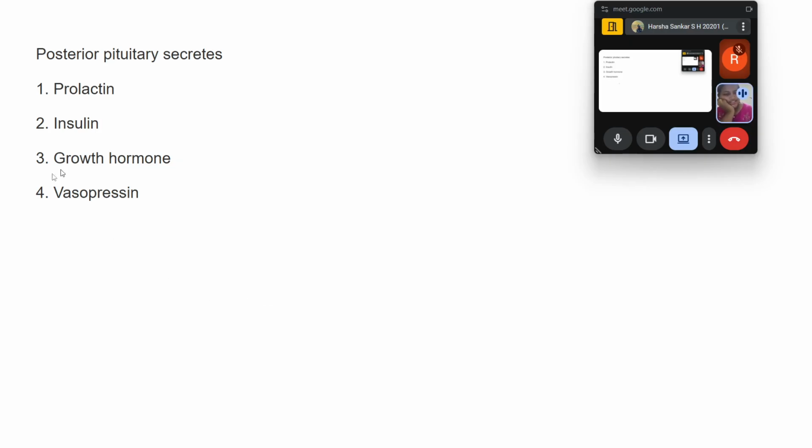Correct answer is vasopressin or antidiuretic hormone, ADH or vasopressin. Remember when we talked about RAA, the renin-angiotensin aldosterone system, the multiple activities of RAA, one activity is to regulate ADH also. So ADH is the vasopressin that is stored in posterior pituitary.